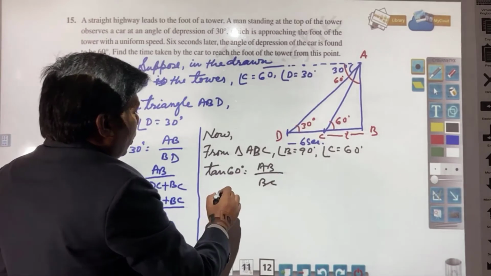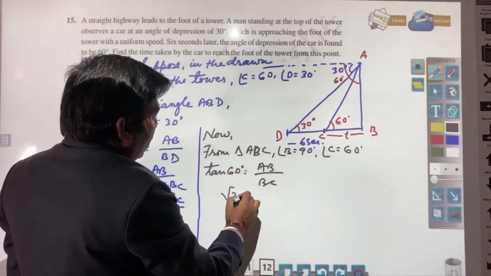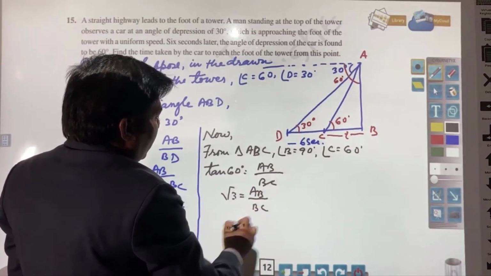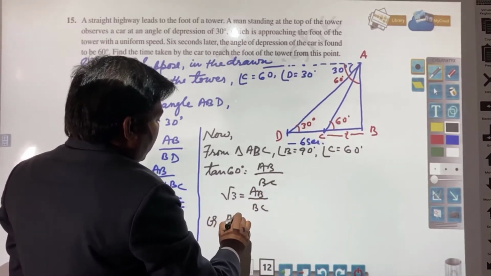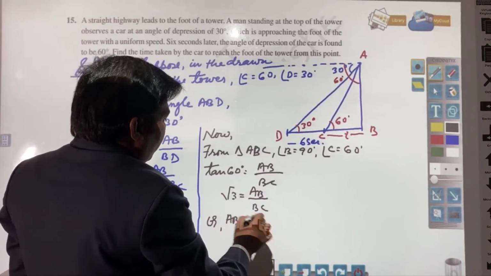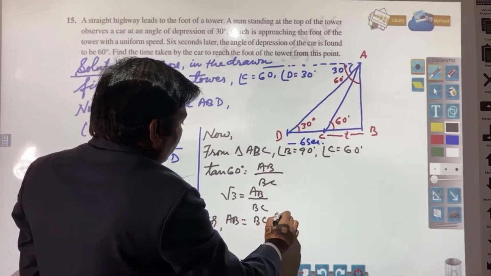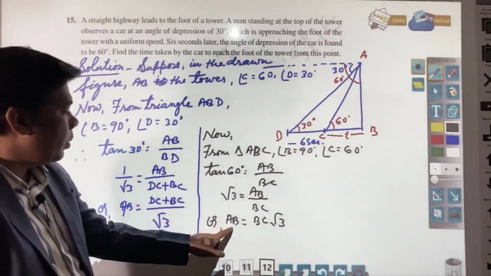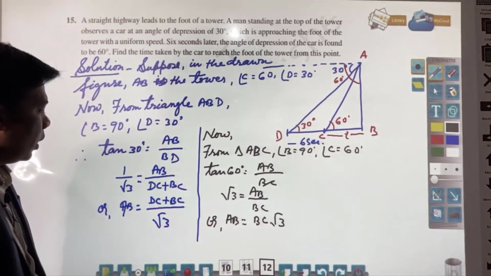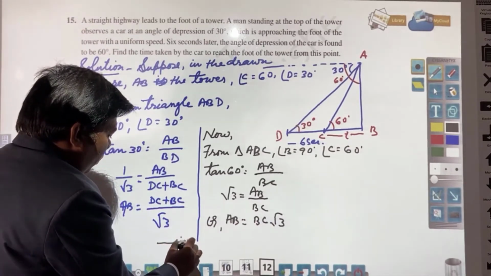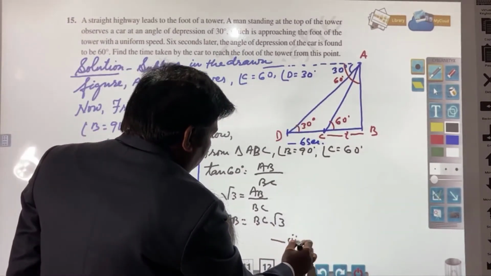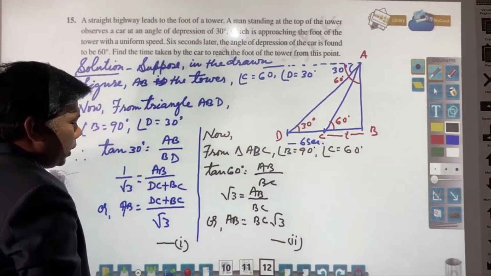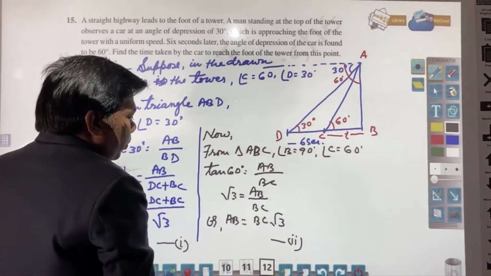So tan 60 is equal to root 3, and AB by BC, or AB will be equal to BC root 3. Now here you see AB is equal to DC plus BC by root 3, AB is equal to BC root 3. So this you suppose first and this you suppose second. So from first and second, DC plus BC by root 3 is equal to BC root 3.